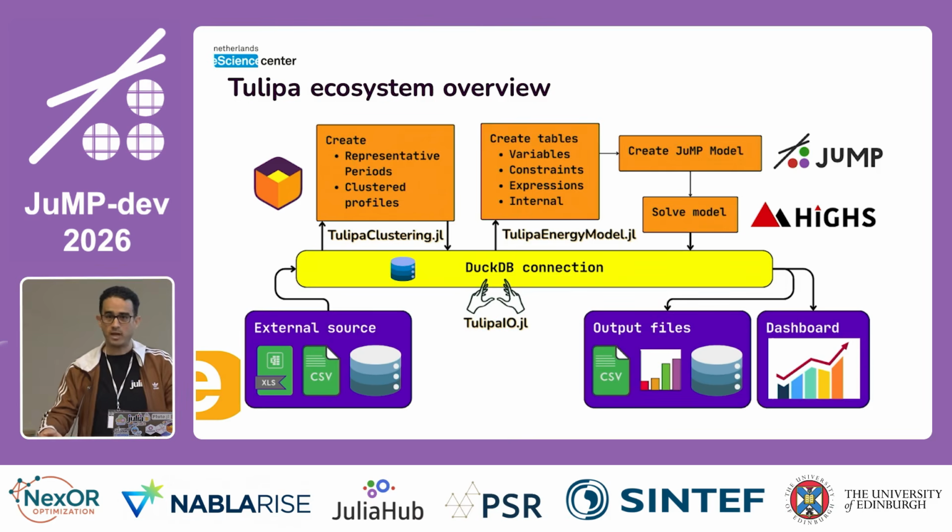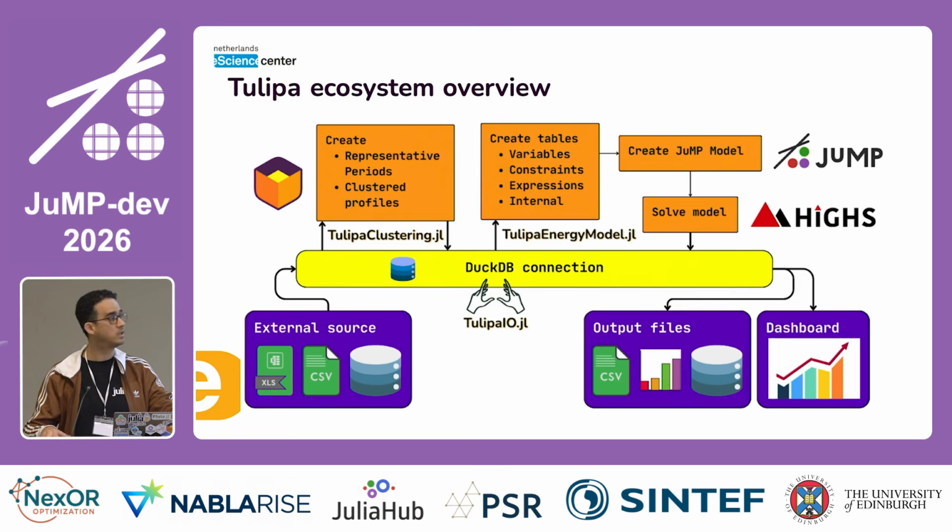So in Tulipa, what we have is essentially a DuckDB connection throughout the whole process. We have our external sources, CSV files, Excel files, notably a lot of Excel files, and possibly other databases. After we load that in DuckDB, whatever we do with Julia, we go through DuckDB, we load the data from there, we do whatever we want, and we send the data back to DuckDB.